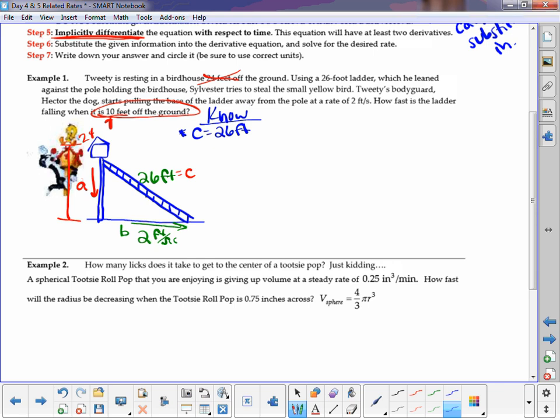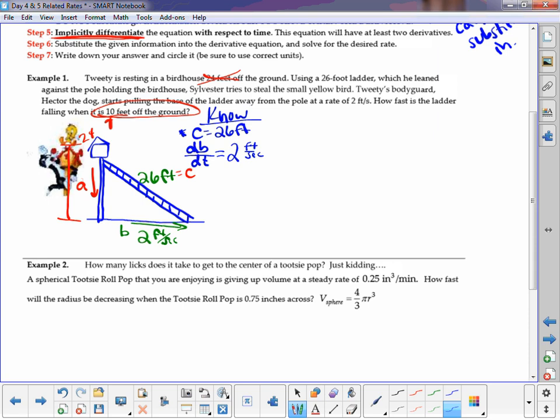What is the calculus word for rate? Derivative. So what we're saying here is that dB/dt, the rate at which B, the distance, is changing with respect to time, is 2 feet per second. Also, if you think about it, distance over time, feet per second, that also gives you an indication of the rate.